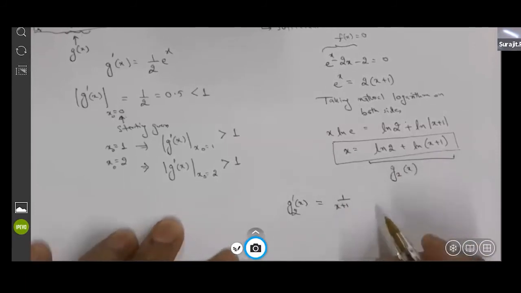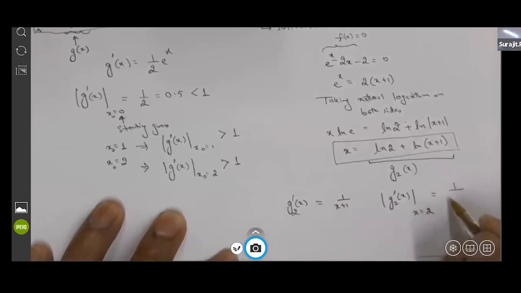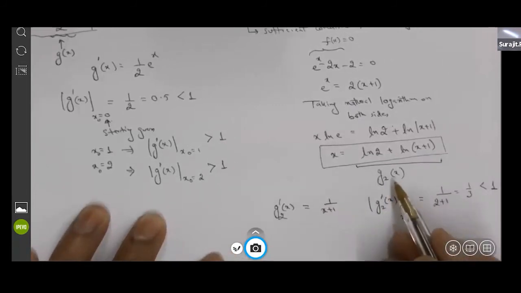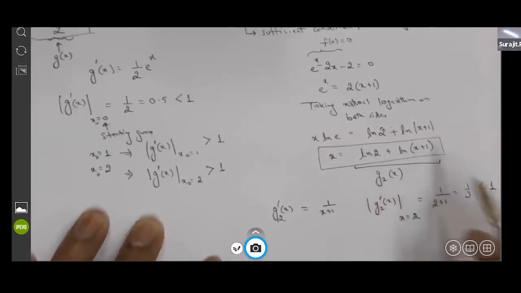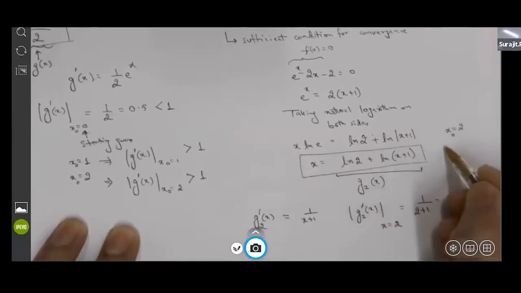And if I ask what is the derivative of g2 at x equals 2, it is 1 over 2 plus 1, which is 1 over 3, which is less than 1. So if you select g of x as this function and select x naught equals 2, then you can find successive values of x.